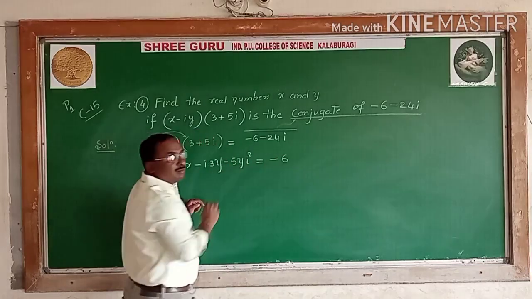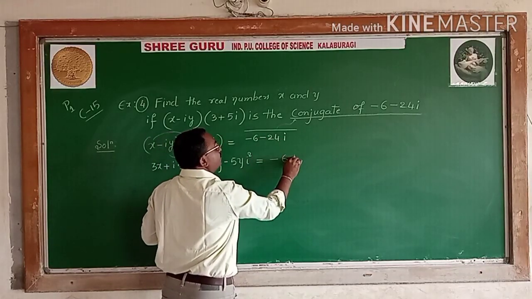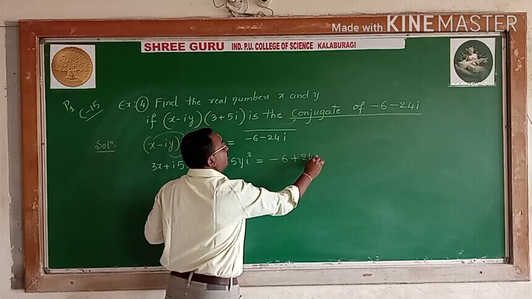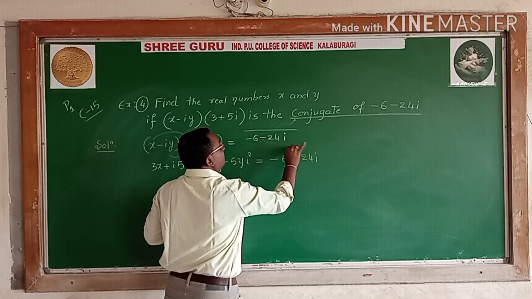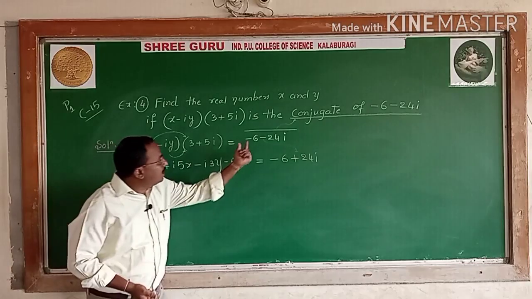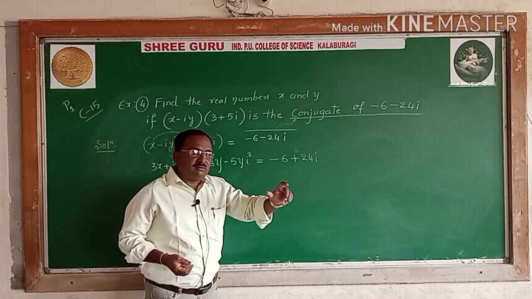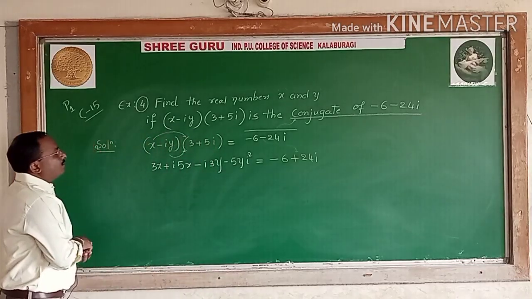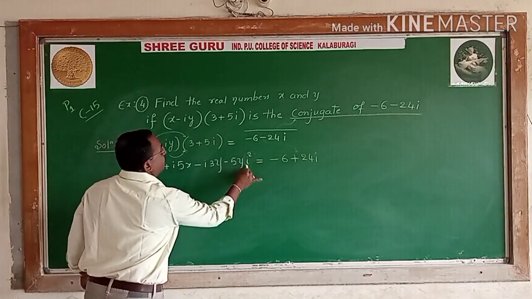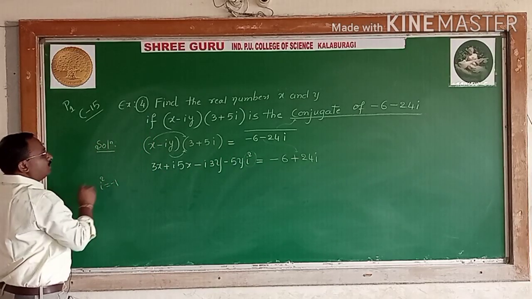Conjugate means keep the real part as it is and change the sign of the imaginary part. Minus becomes plus, and the conjugate is complete. This is just a sign change. That is the meaning of conjugate. Here the value of i squared is minus 1.